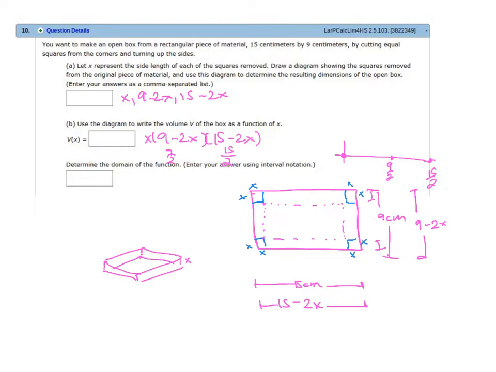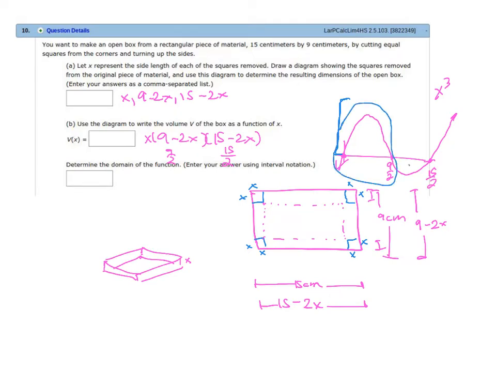And let's see, we know that this is going to be a cubic, so we know a little bit about the end behavior here. So we know it's going to do something like this. We're looking at the volume of a box, so we're looking at positive volume. That's our y value, positive volume. And so we're looking at this area right in here.